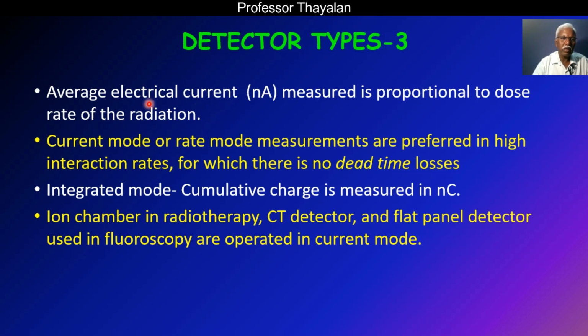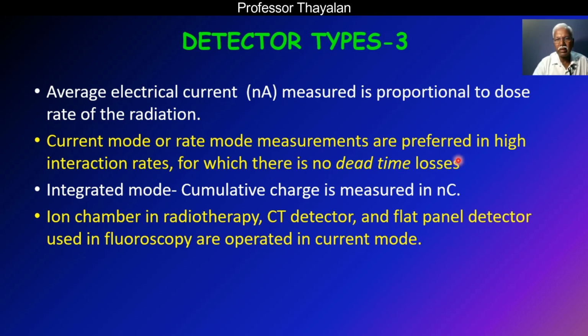In the current mode, the average electrical current, in the order of nanoamperes, is measured, which is proportional to the dose rate of the radiation interactions. Current mode or rate mode measurements are preferred at high interaction rates, for which there are no dead time losses.